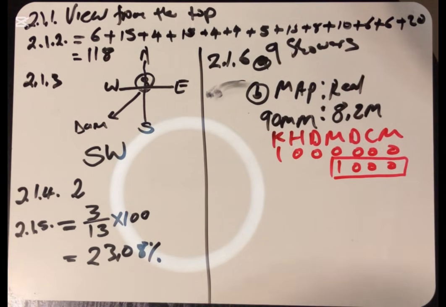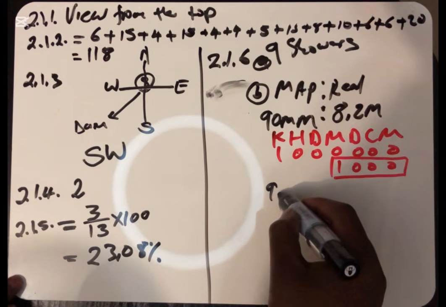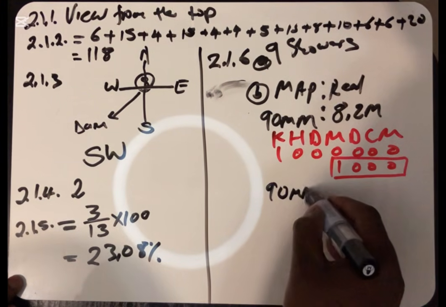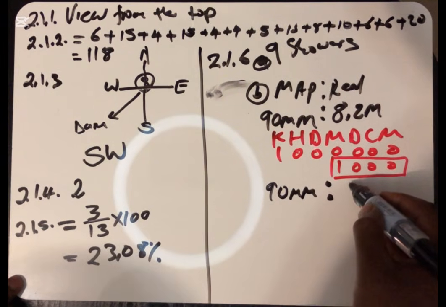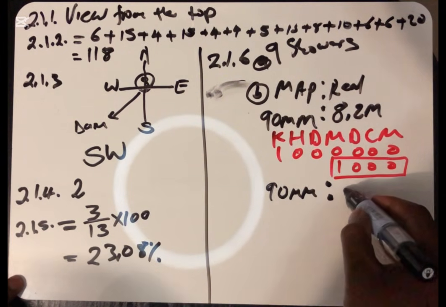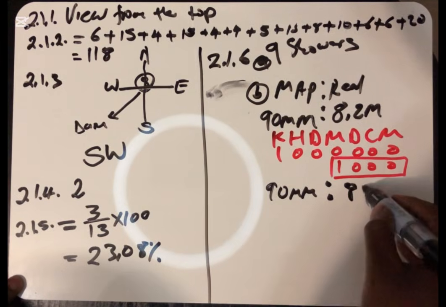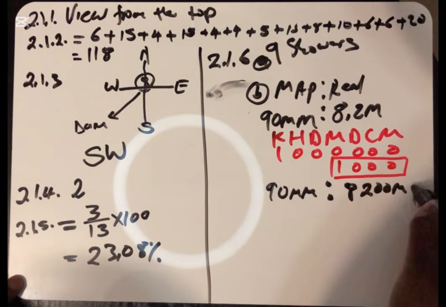So we have to convert to the same units. We are now going to multiply 8,2 by 1000. 90 millimeters is to, when we multiply 8,2 by 1000, it will give us 8,200 millimeters.